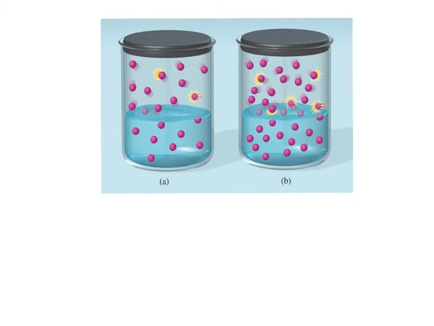Now remember that pressure of a gas is just equated to the number of interactions of the gas molecules on the walls of the vessel, or the surface of your solution here. Now on the right side, you see there is a greater number of gas molecules up above the solution, right? So you're going to have more interactions between the vessel wall and the gas molecules.